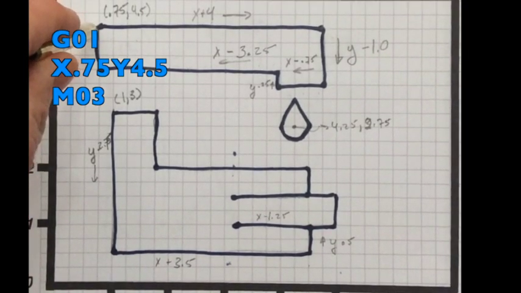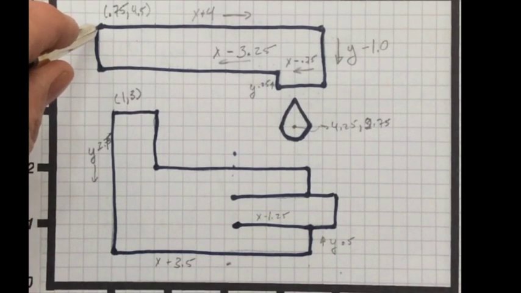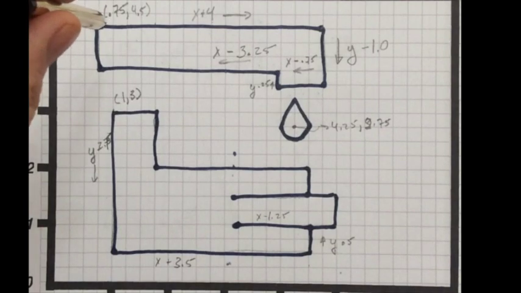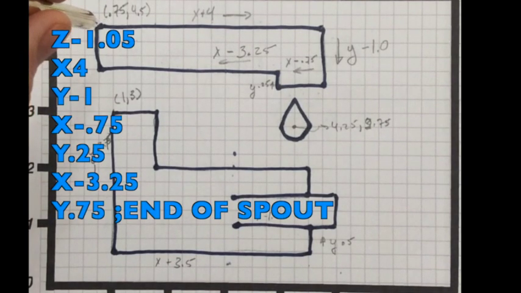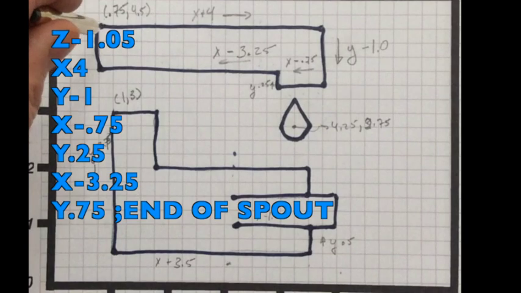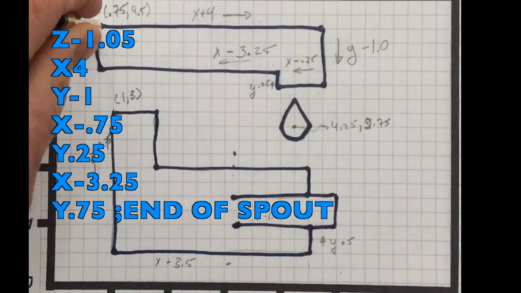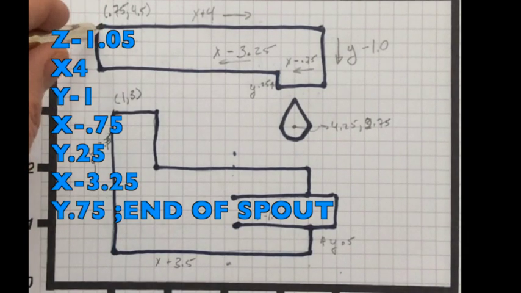And then we would turn the spindle on, M03, and then we would move the z-axis, because we're at 1 still, and we'd move in the z-axis a minus 1.05, which would go past the 0 point and start cutting. So then we're ready to cut. And then all we have to do is start telling it about our changes.